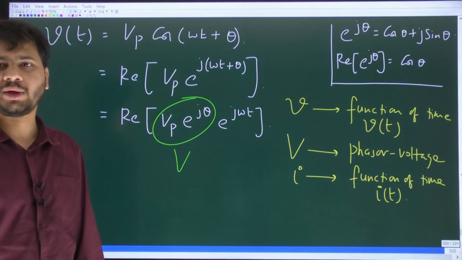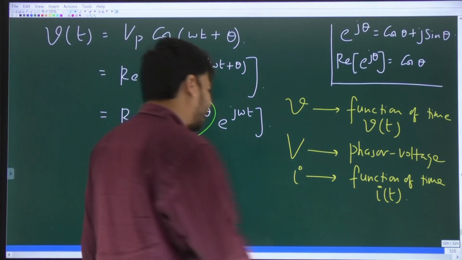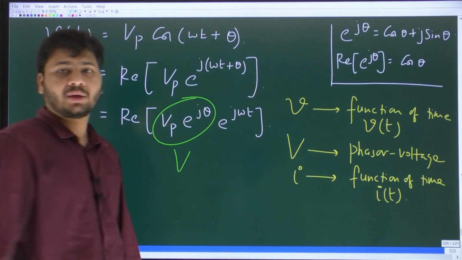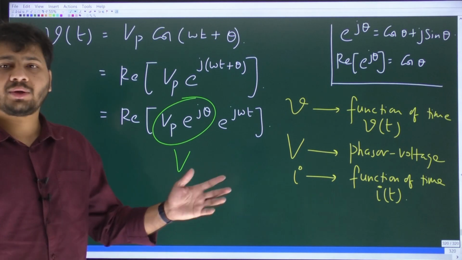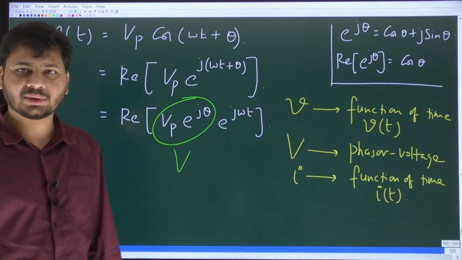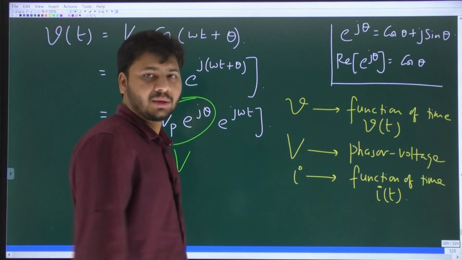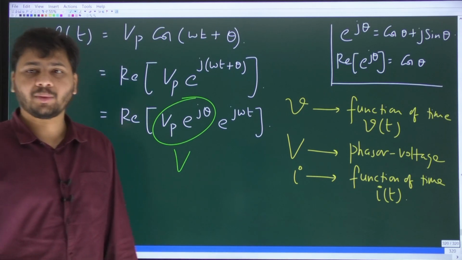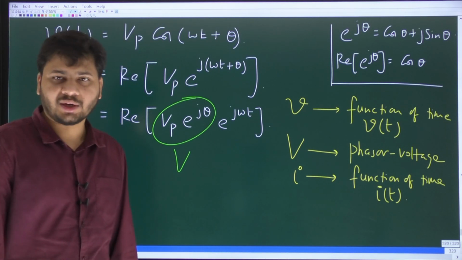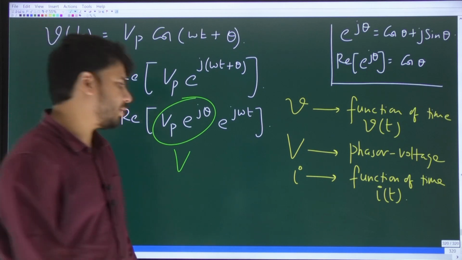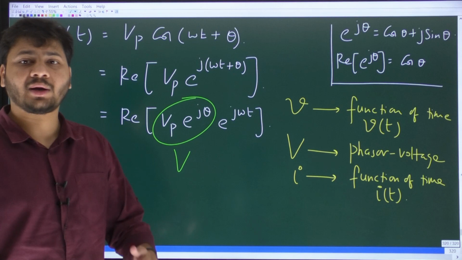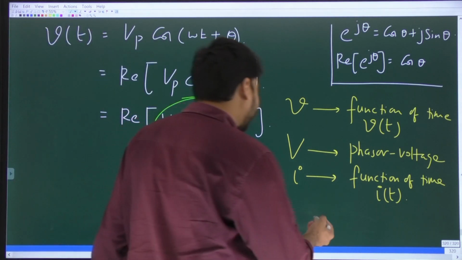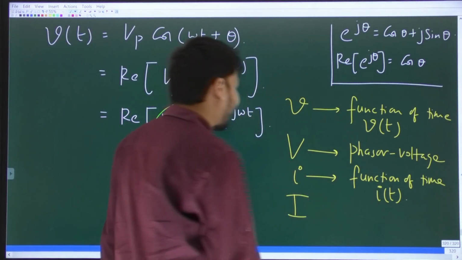Now the same current, if it is sinusoidal, will obviously be some Im cos omega t plus theta, like that. Even that sinusoidal current can be represented as a complex number, that is, as a phasor. Again, small i is current in time domain, or current as a function of time. The same current in phasor domain will become capital I.